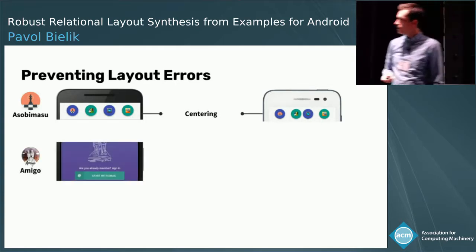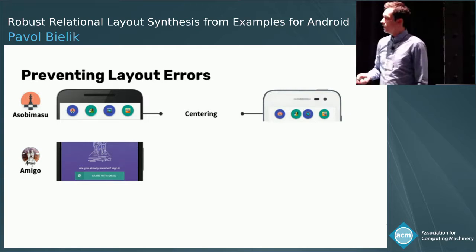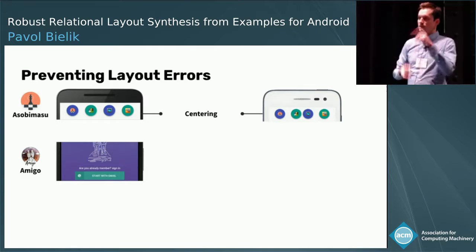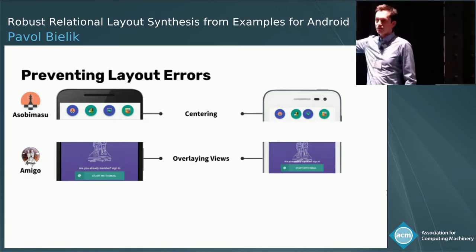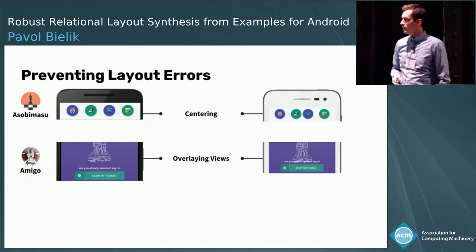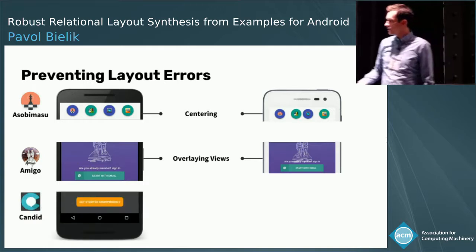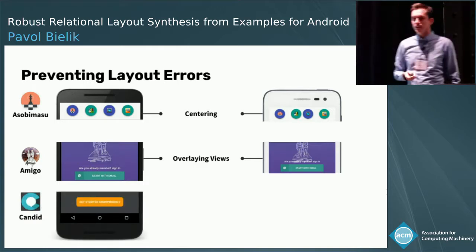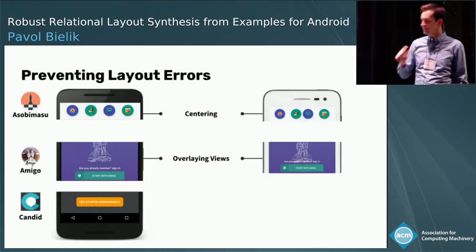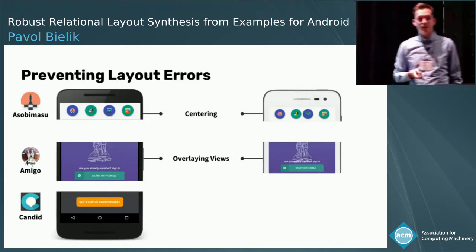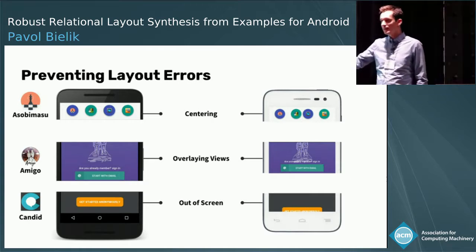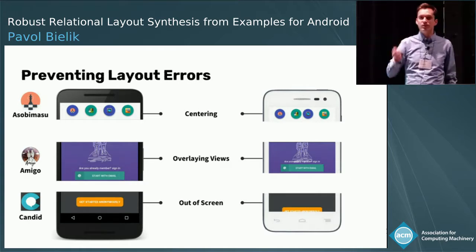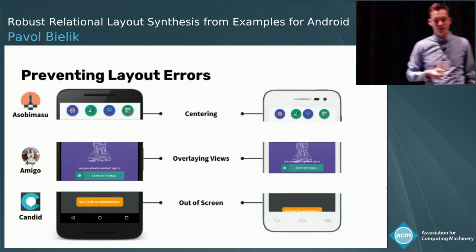Another example, an application called Amigo: if you render it on a smaller device, suddenly the text and the image start overlaying, so it's hard to read what the text is. And in the final example, there is an application called Candid that has quite an important button that says start using the application. And if it's on a small device, you can barely see the button, right? It would be even smaller. You would not even know how to start using the application.